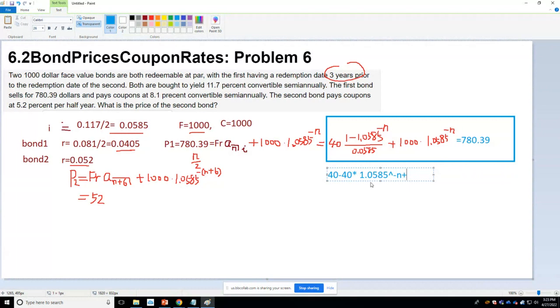1,000 times the denominator is 58.5. That's multiplied by 1.0585 to the power of negative n. Right, so this is equal to 780.39 times 0.0585.